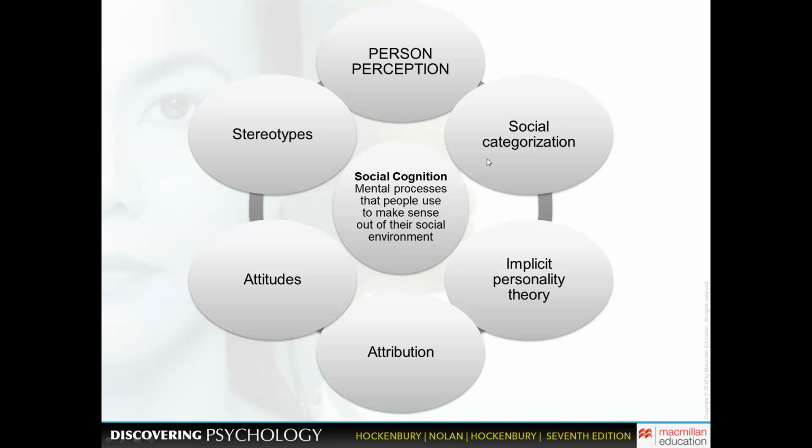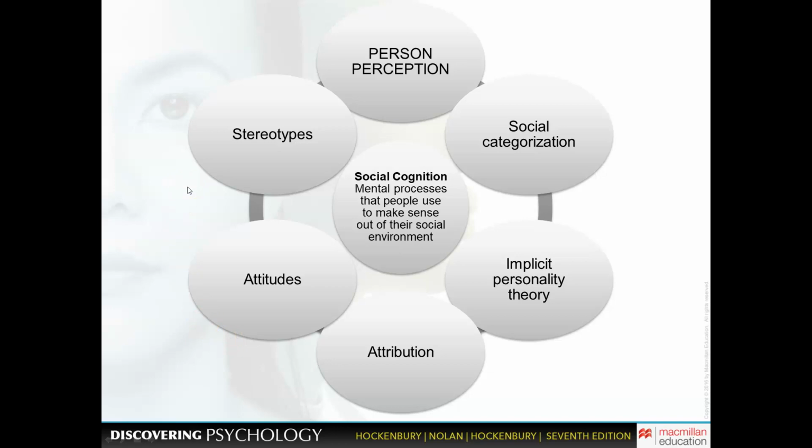That is closely connected to implicit personality theory, basically how we infer the reasons why others are acting in a certain way. Attribution is really closely related. When we look at different attitudes, especially attitudes of others or of ourselves, they can influence how we perceive others, as well as stereotypes.